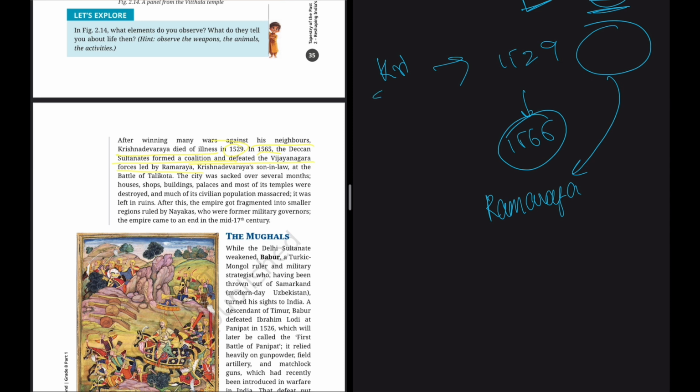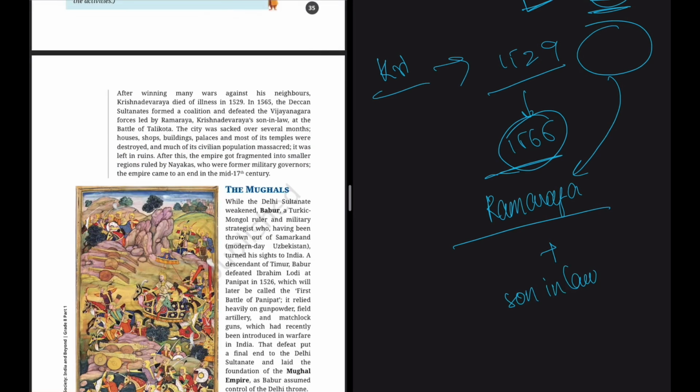So Krishna Deva Raya died in 1529, and in 1565, the Vijayanagara Empire, led by Rama Raya, was defeated by the Deccan Sultanates, who had formed a coalition or alliance among themselves. This was at the Battle of Thalikota, fought against Krishna Deva Raya's son-in-law.